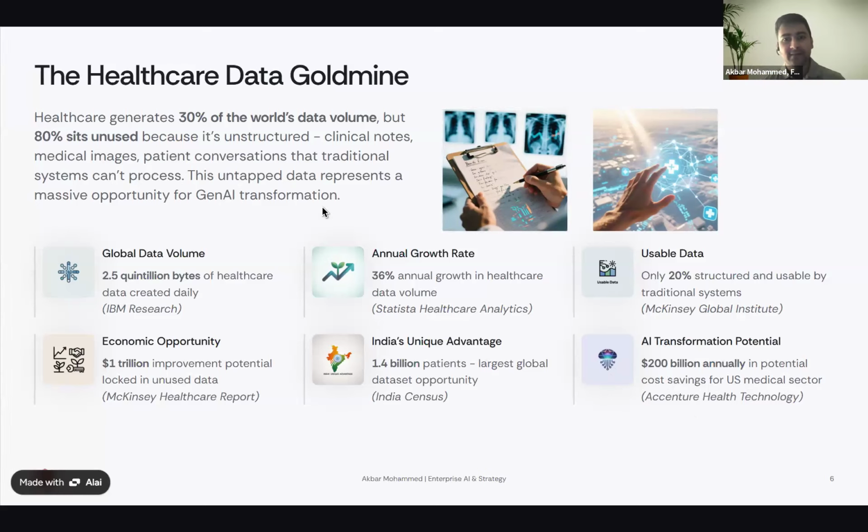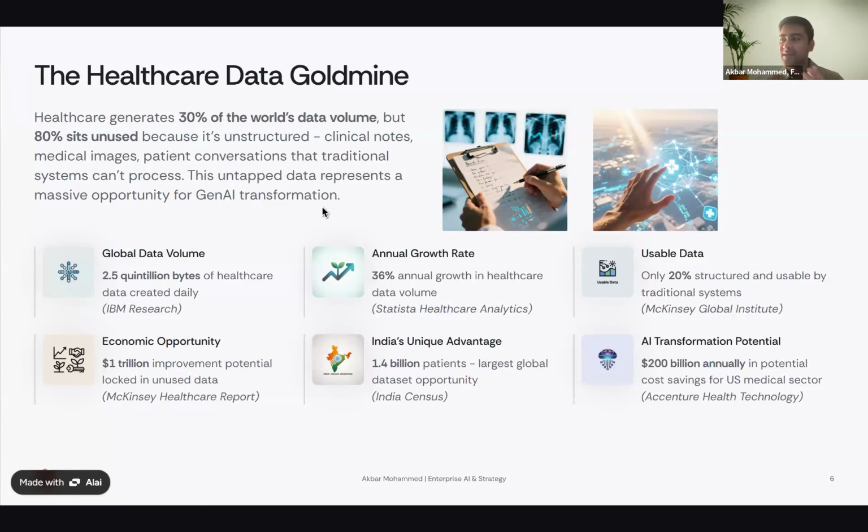We have a lot of data available, and any AI conversation, any analytics conversation starts with data, and healthcare has a lot of it. That's the unique thing about healthcare. I have worked across sectors, including finance, retail, telecom. Healthcare is the most complex. It's the most data rich and the most underutilized sector.